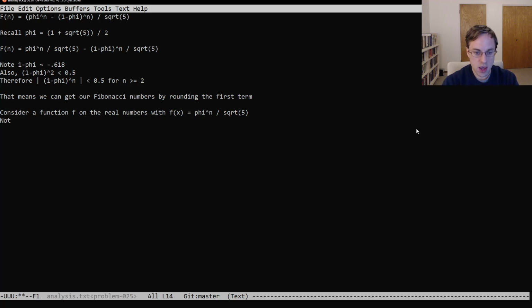So we'll note capital F of n is just equal to round of lowercase f of n. That is, take lowercase f of n and round the result to the nearest integer to get our answer, as I mentioned previously.